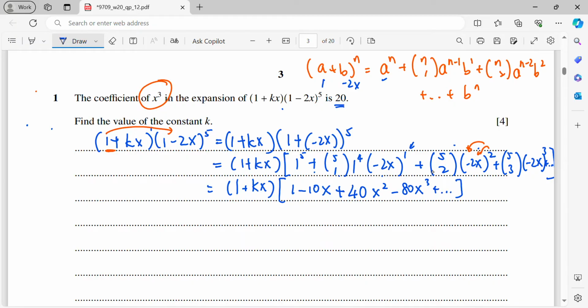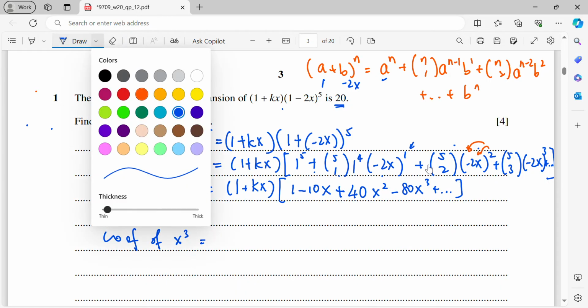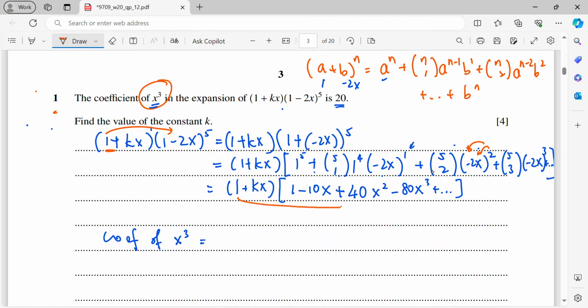Since we are interested in getting the x cubed, I will write: coefficient of x cubed is basically this 1 multiplied with the term with the x cubed, which means I will be getting 1 times minus 80.